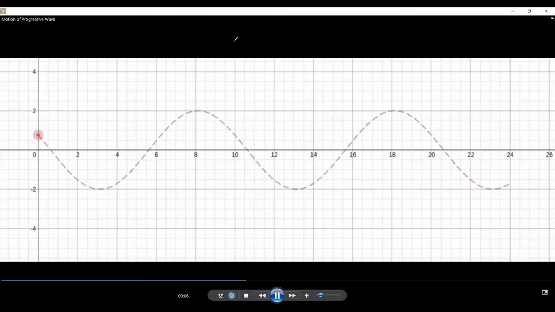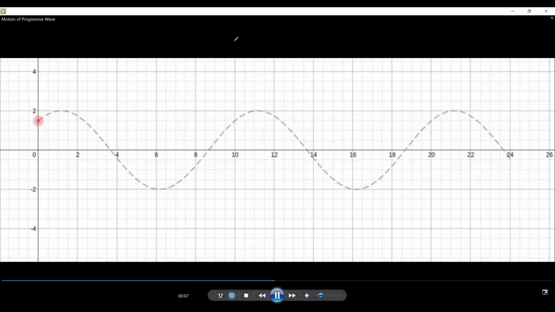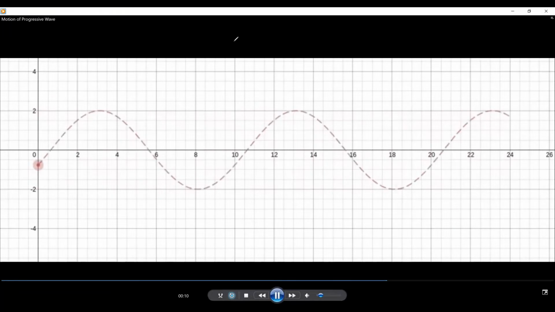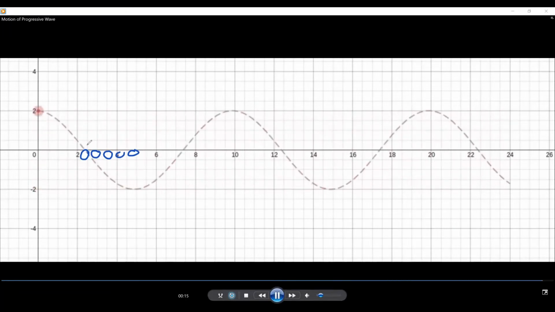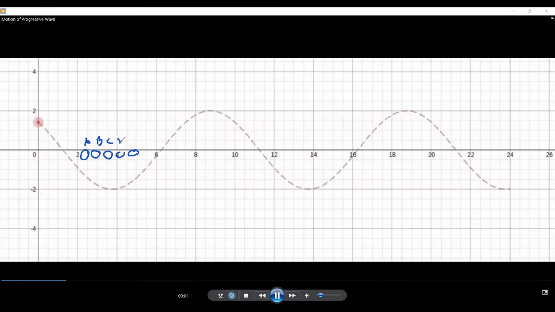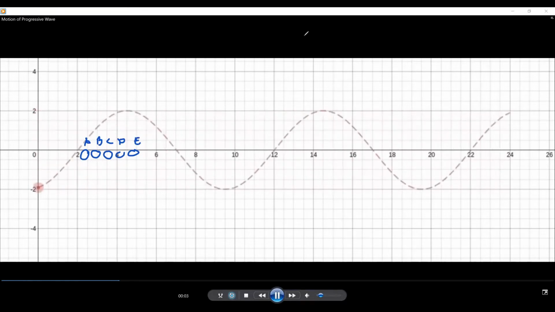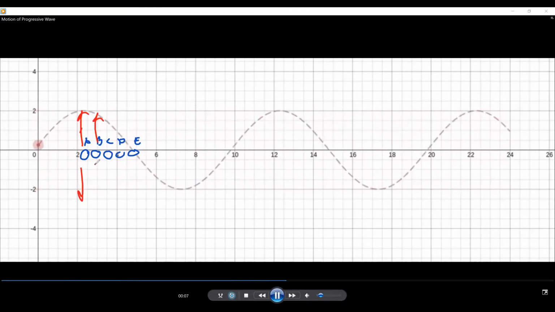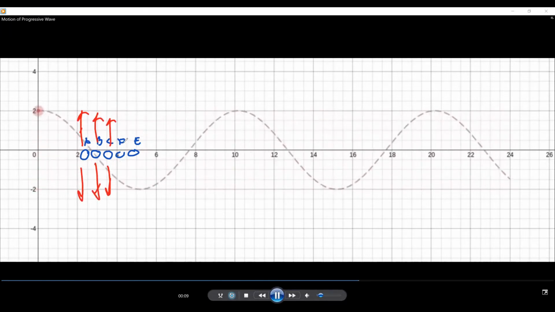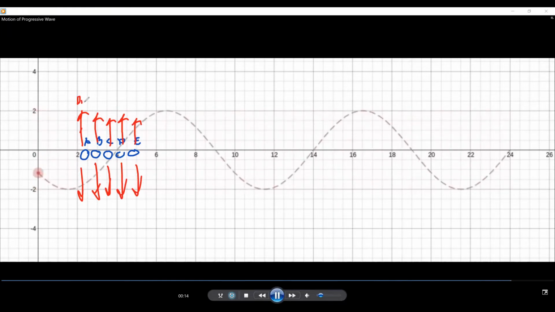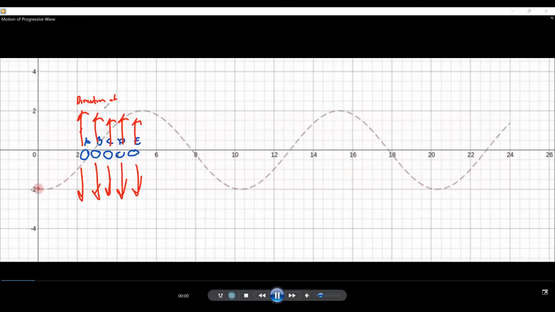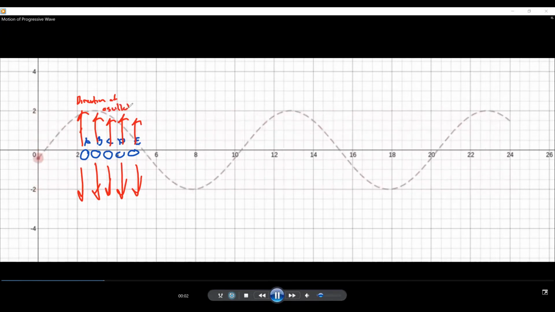This one is an example of a transverse progressive wave. So if I have a set of particles here, A, B, C, D, and E, they are actually oscillating up and down only. Okay, so this is the direction of oscillation.